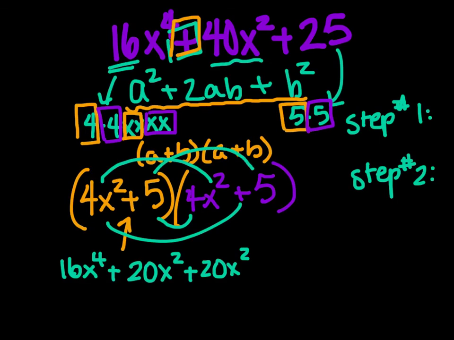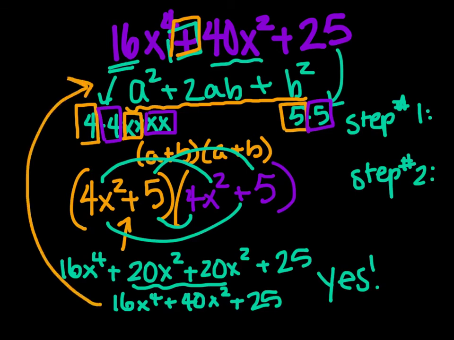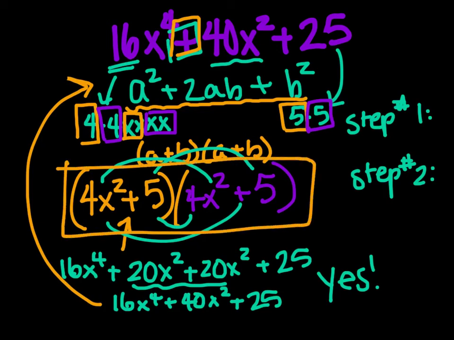And our last terms, 5 times 5 is 25. When we combine like terms, we'll have 16x to the fourth plus 40x squared plus 25. Yes, this is a perfect square trinomial, and it fits our original equation. It works. So here is our final answer.